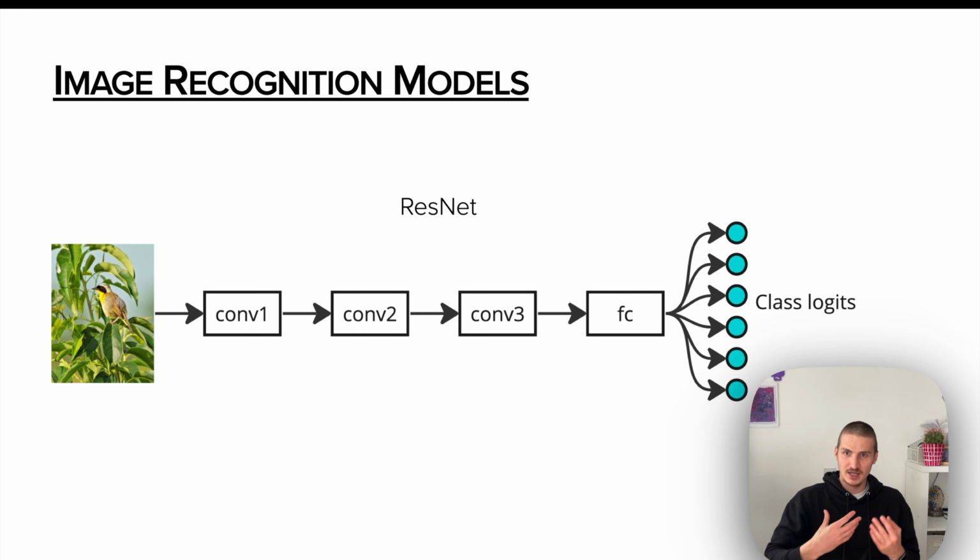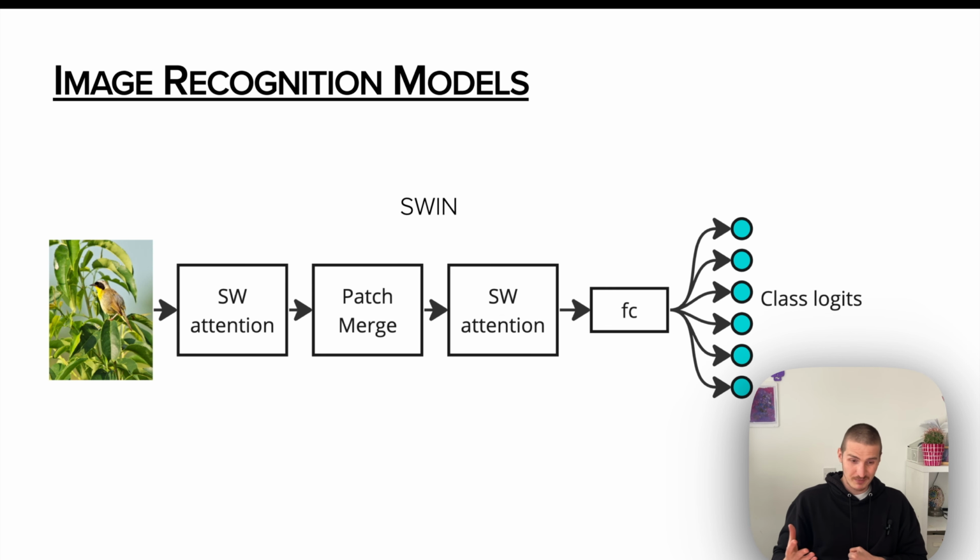So at the end of the last convolution, we would have a really small resolution image, like 20 by 20, but maybe with something like 2048 numbers in each pixel representing different detected features. Then we pass all of that through some fully connected layer, and the output is just class probabilities for the specific dataset. So in this case, it's ImageNet, and so it predicts one of 1,000 classes, one of them being a bird. Different backbones actually work pretty much the same way.